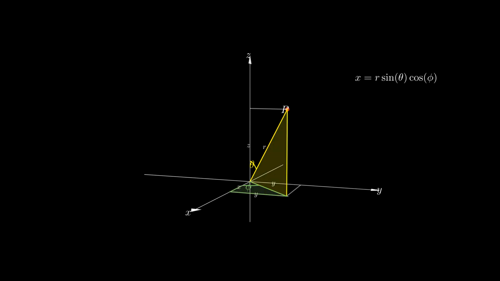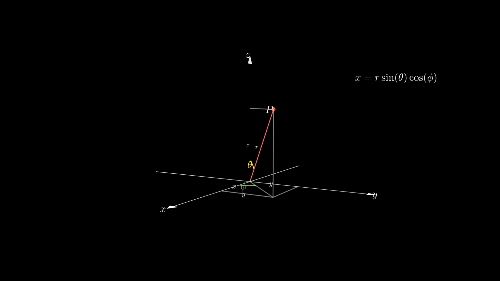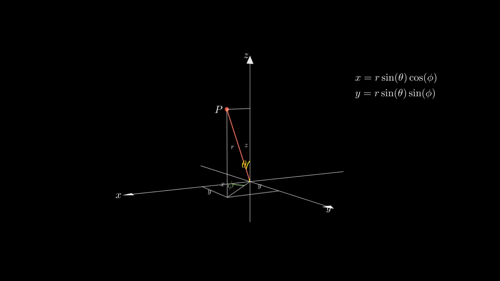This represents the x coordinate derived from projecting r to the xy plane and then measuring its x component. Y is equal to r sine theta sine phi. Similarly, this gives the y coordinate by projecting r to xy plane and measuring the y component.